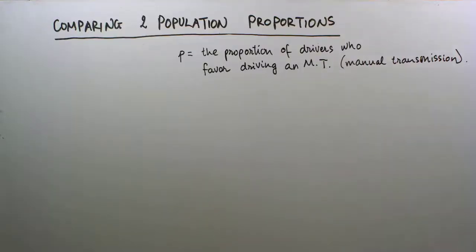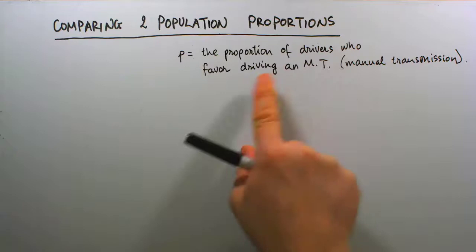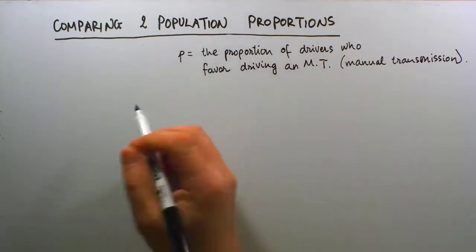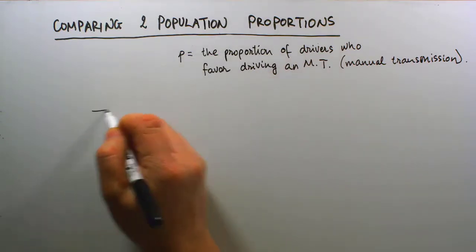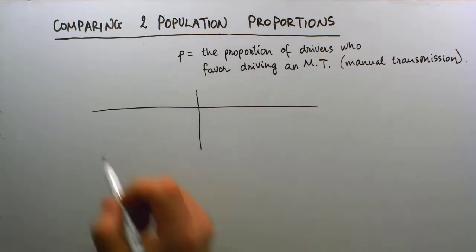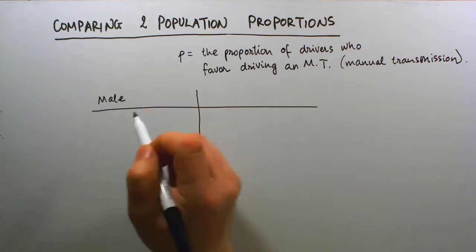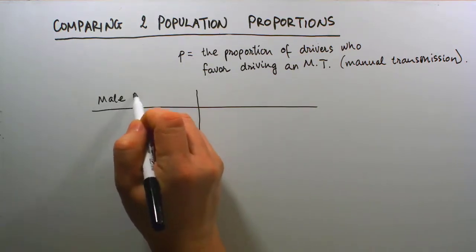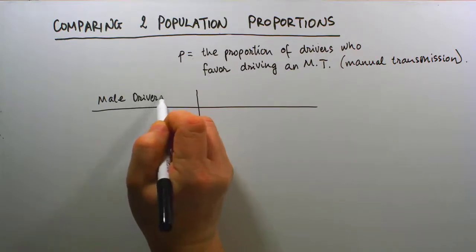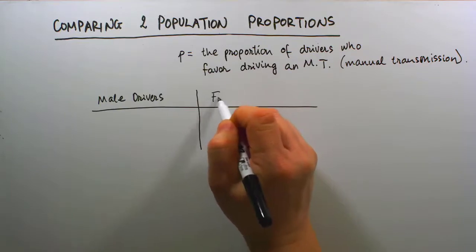And so my point now I would like to make is that the same general proportion of drivers who favor driving a manual transmission, we now separate into two separate populations. So we're going to have one separate population as the male drivers, and there's another population being the female drivers.